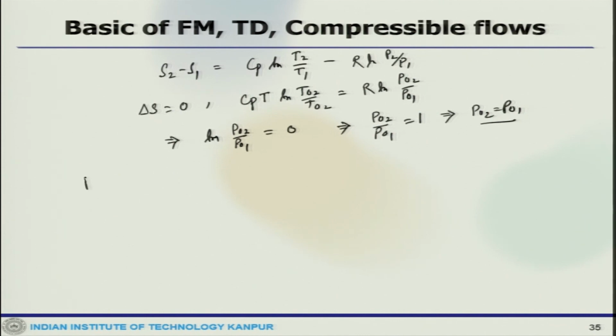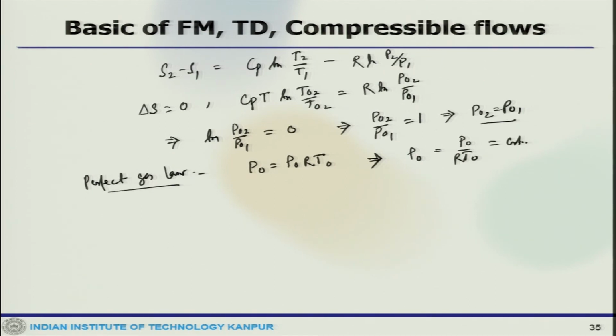So, from the perfect gas law, P0 equals rho R T0. So, that means rho naught is P0 by R T0, which is constant.